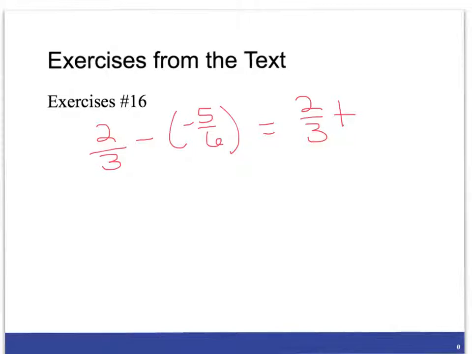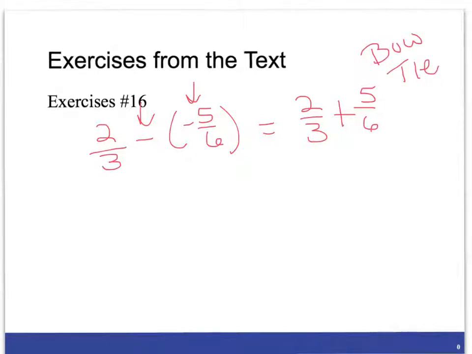Okay, our last exercise. You get 2/3 minus a negative 5/6. We're going to rewrite that as 2/3 plus, don't forget we change the operation to plus and we take the opposite, so we get 5/6. Now I'm going to show you a shortcut of doing math with fractions if you do it by hand. It's called bow tie.